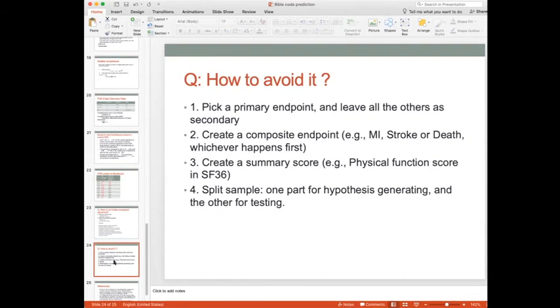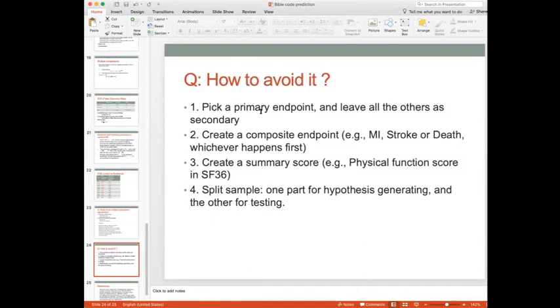The next question is how to avoid it. Sometimes you have a limited budget and you think to do multiple comparison is just not realistic. One way is you pick one primary endpoint, okay, and leave all other endpoints of interest as secondary, right?